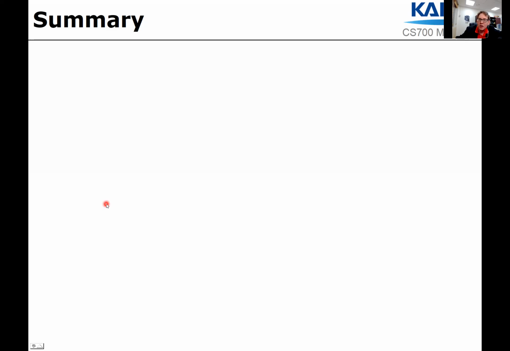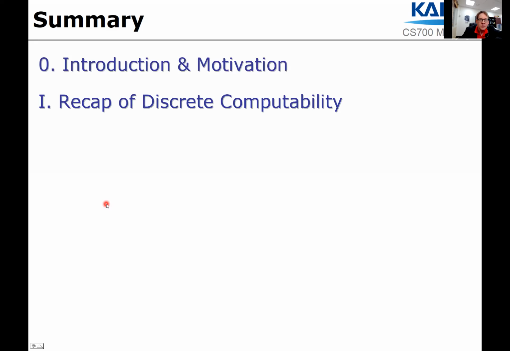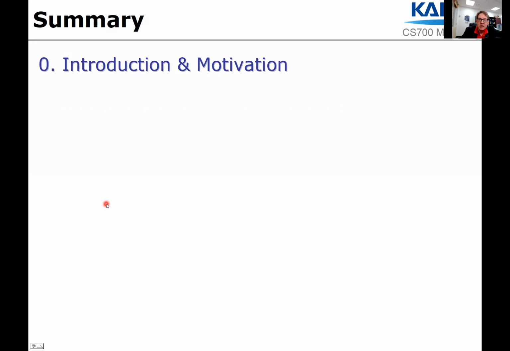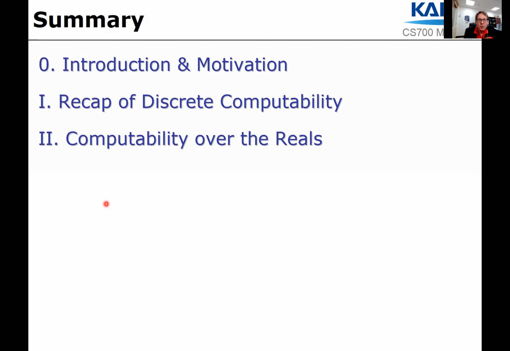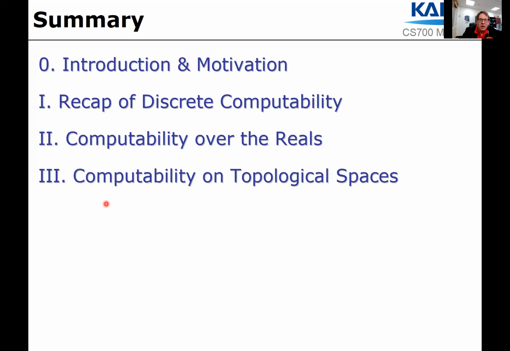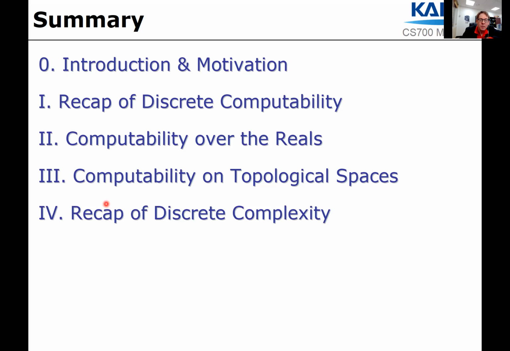Right. So this course consists of 7 chapters. Chapter 0 about introduction and motivation. Chapter 1 with a recap of discrete computability theory. Chapter 2 about computability theory over the real numbers. Chapter 3 about computability on topological spaces.